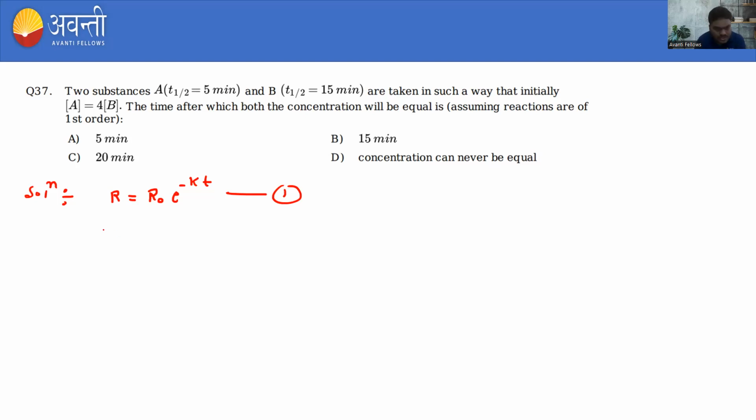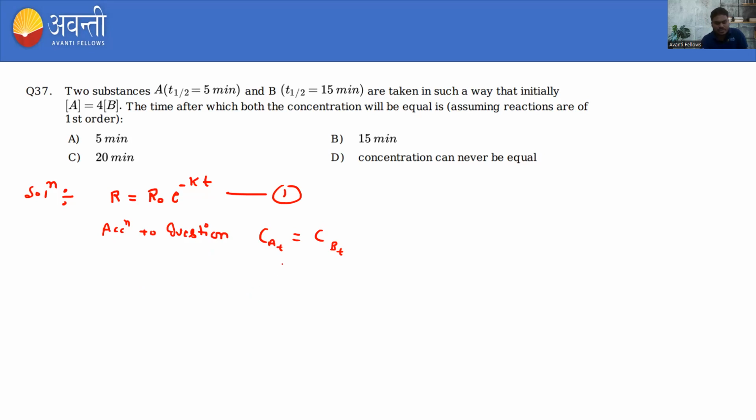Now, according to the question, the concentration at time t is equal for both. This is already given, assuming reactions are of first order and concentrations will be equal. So you have to calculate the time at which the concentrations become equal.